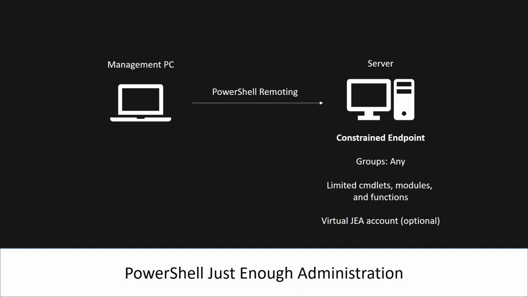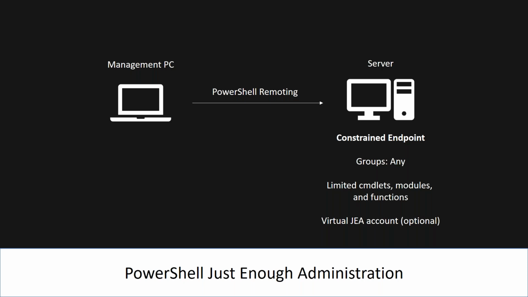If you have a look at the slide here, you can see that I've added groups there. You can decide, well, actually even just a particular user. If you wanted, I want to allow just this user or just this group of users to connect to this Windows Server endpoint. They don't have to be administrators on the local box.